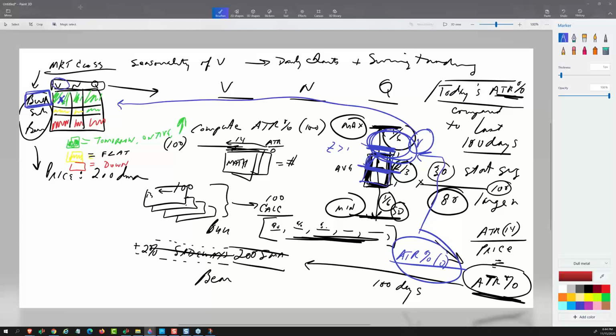Well, so this is a case of using the seasonality of volatility to give us some insights about what we could expect to be least surprising tomorrow, up, sideways, or down, on the basis of this combination of price and volatility.